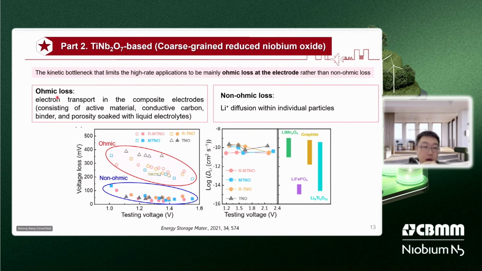Is it the ohmic loss associated with the electronic transport, or the non-ohmic loss associated with the lithium diffusion within the particles? We can see from this figure from GITT analysis that the ohmic loss is the bottleneck rather than the non-ohmic loss. And this means we should mainly focus on improving the electronic transport properties.